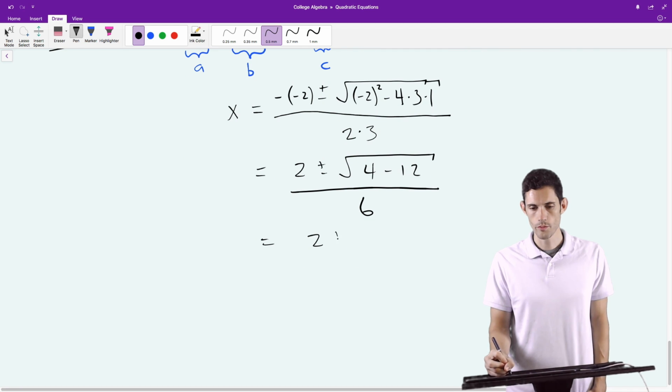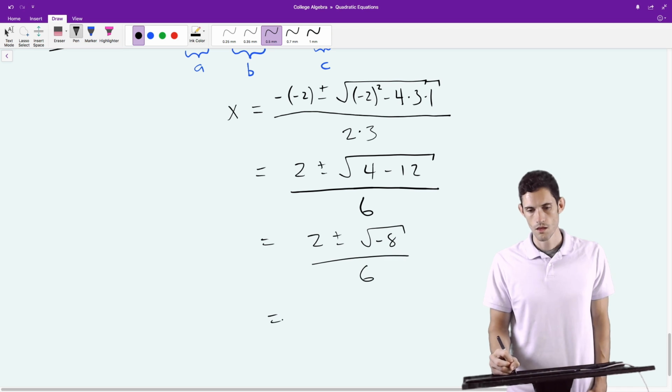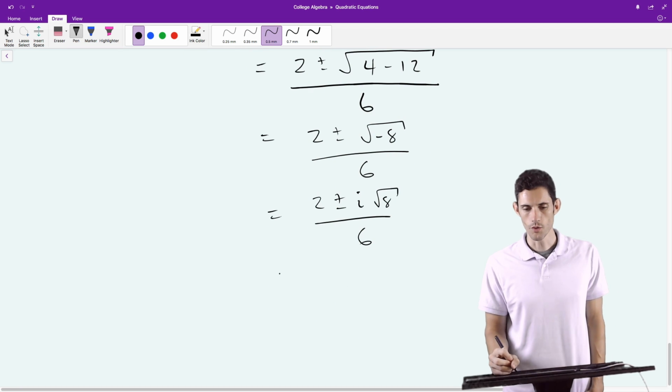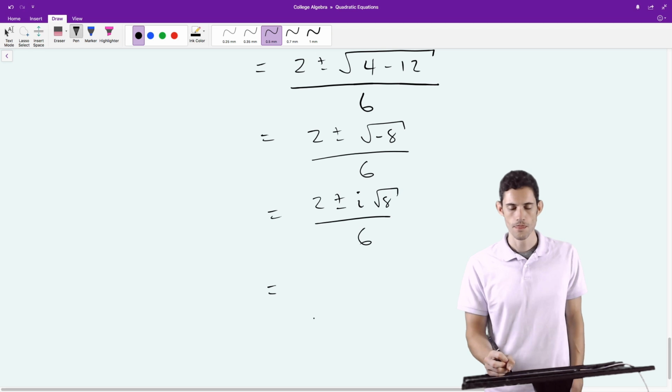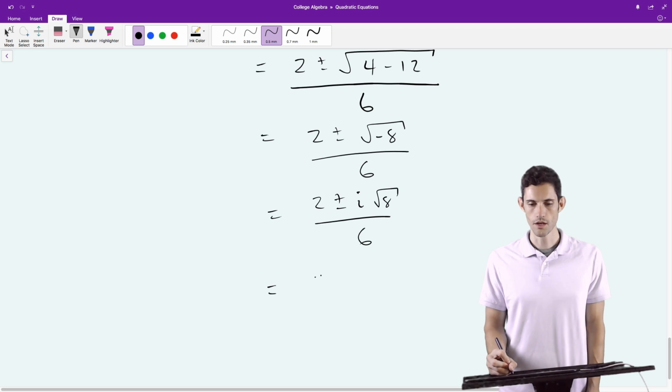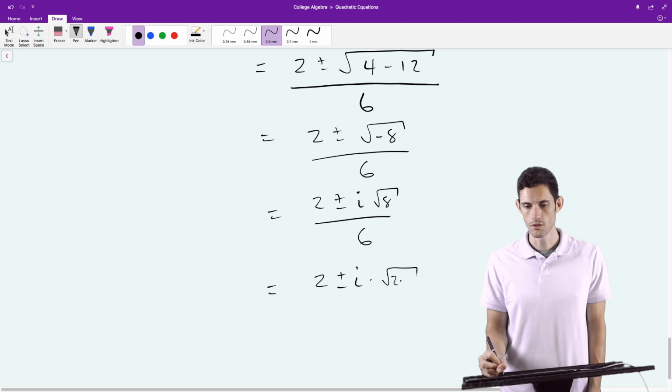So now I've got 2 plus or minus the square root of negative 8, over 6. Now I've got 2 plus or minus i times the square root of 8, over 6. That negative 1 inside the radical comes out as an i. And now let's see, 8 is 2 times 4.